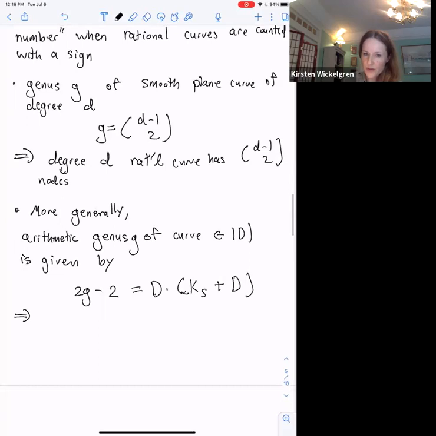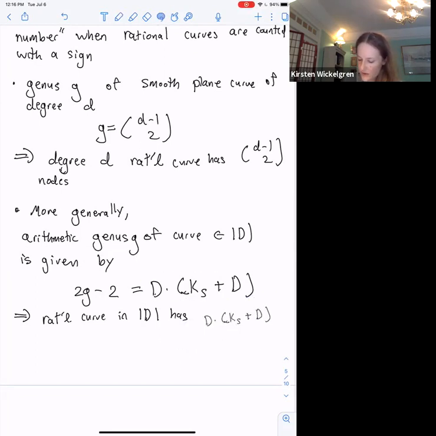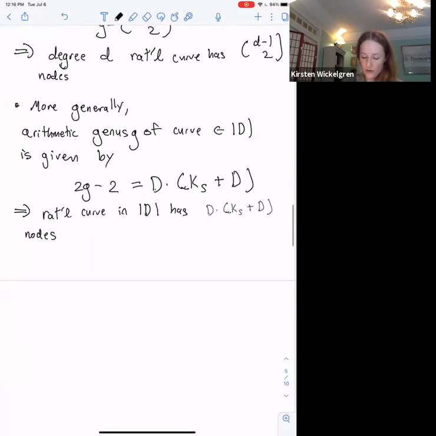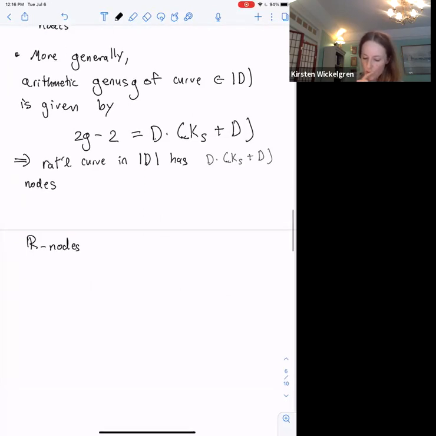So a rational curve in class D has D times K plus D nodes. Some in complex conjugate pairs and some that are really real. Let's look at the nodes that are really real. A node over R can look like this.